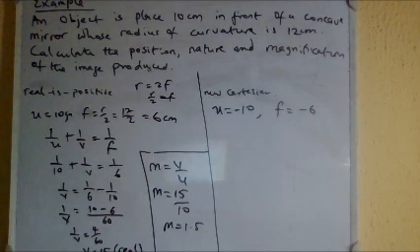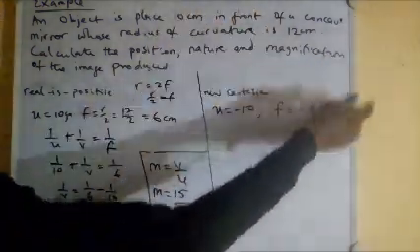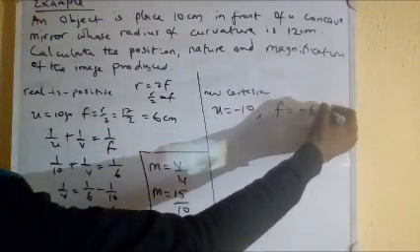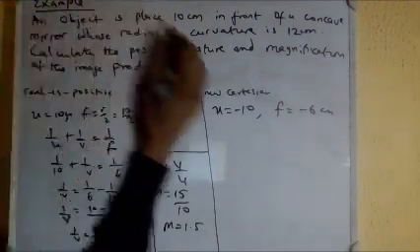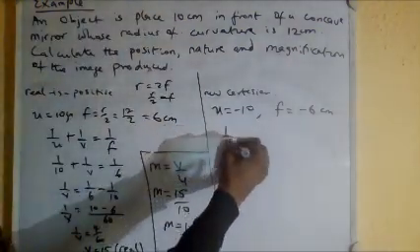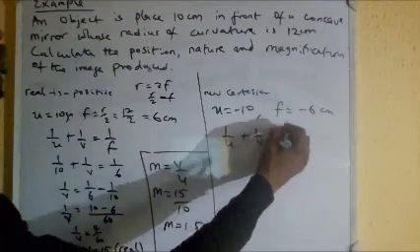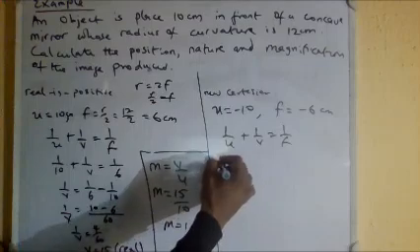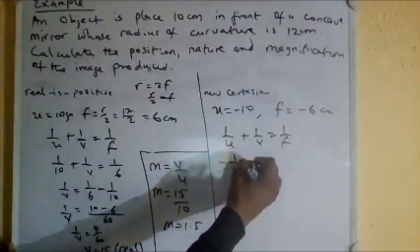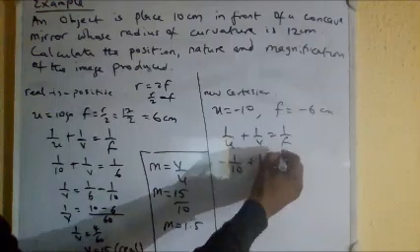Okay, so this is focal length. Focal length is minus 6 cm. So we can still apply the same mirror formula, lens formula: 1 over U plus 1 over V is equal to 1 over F. So this 1 over U is 1 over minus 10, plus 1 over V is equal to minus 1 over 6.